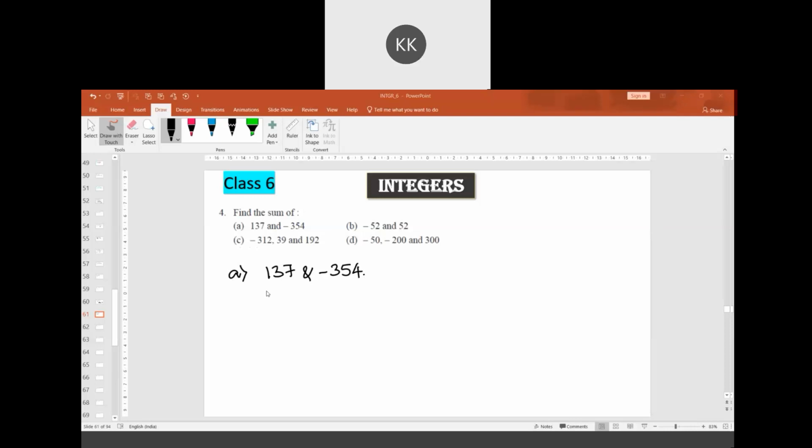To add them, I would like to write using the plus symbol. Then I am going to write this negative integer within the brackets. Since it is addition, but it is addition of unlike integers, we have to do subtraction and we have to take the sign of the larger value.